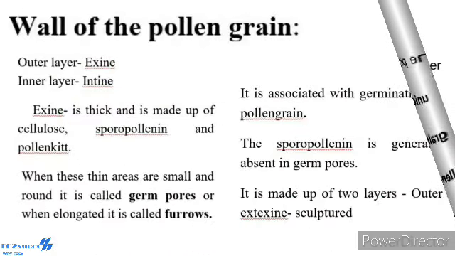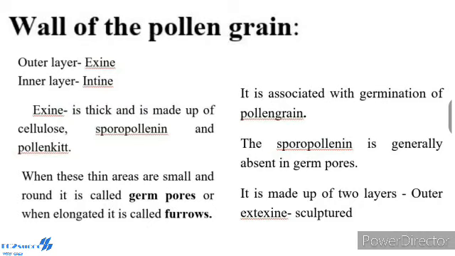The wall of the pollen grain has an outer layer, exine, and an inner layer, intine. Exine is thick and is made up of sporopollenin and pollen kit. When thin areas are small and rounded, they are called germ pores, or when elongated, they are called furrows. They are associated with the germination of the pollen grain.